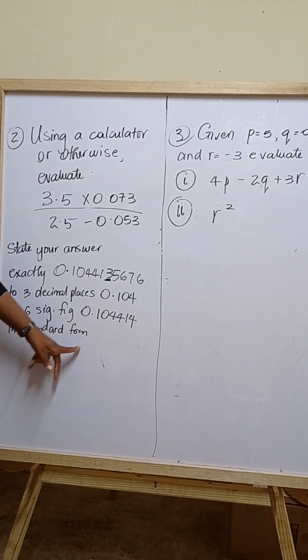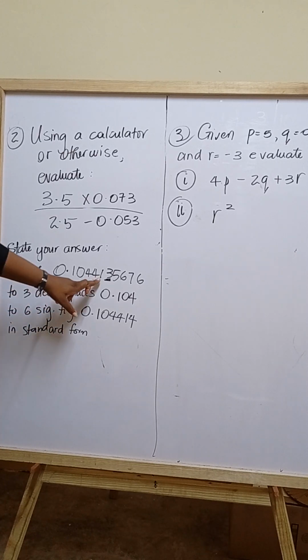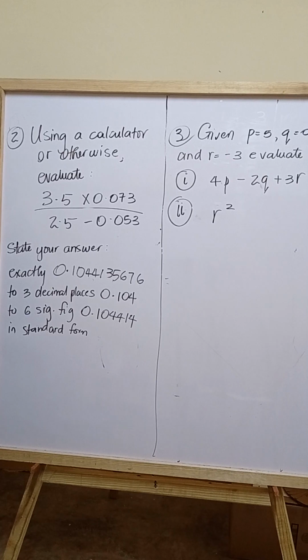Alright, now we need to write it in standard form. Remember, standard form is a number from 1 to a value less than 10 multiplied by 10 to a power. Now, we need to move the point to the right of the first non-zero digit.